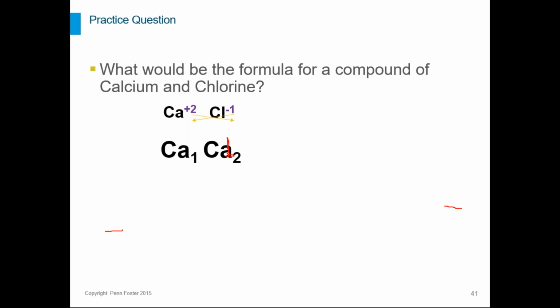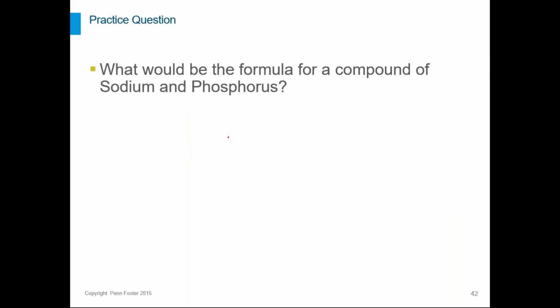All right, calcium 1, chlorine 2. Just pretend that says Cl instead of Ca. So calcium 1, chlorine 2. The reason is because chlorine only has a charge of -1, a valence of -1. Calcium has a charge of +2, so if we want to cancel them out, we need twice as many chlorines as calciums.